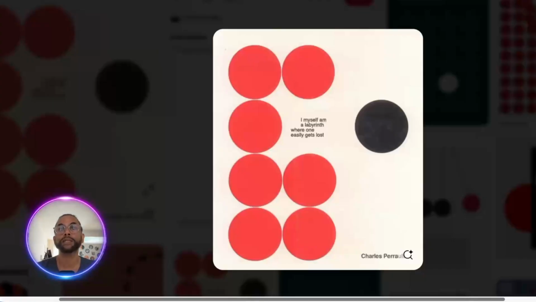And position creates direction. It tells your eyes where to begin and where to go next. And this is hierarchy through position, or maybe also a little bit of contrast. And I think good design principles often all work together.